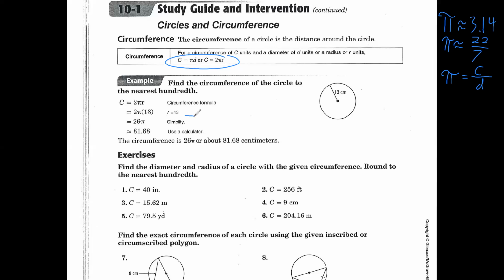Now, a couple things to be careful of. Right here, this step, 26 pi, that's an exact value. Just like in the last section, we had exact values when we were using our radicals. Here, if we're doing exact values, this is what we call in terms of pi.